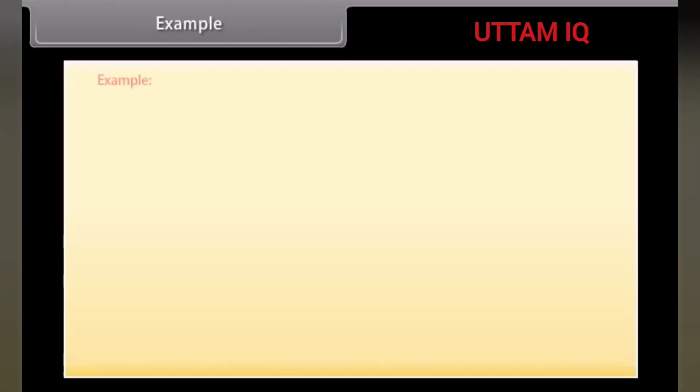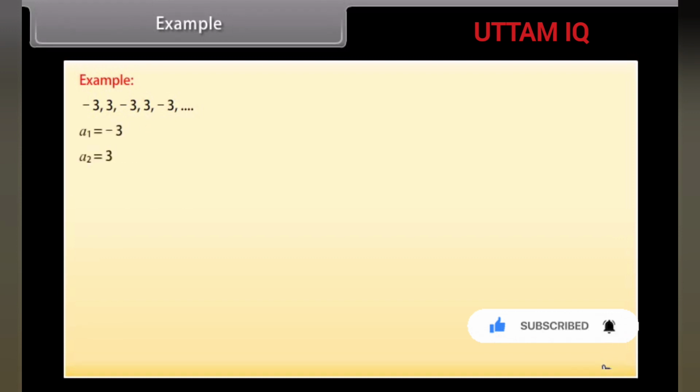Example. Let us now solve some examples. Observe this sequence. We will find out whether these numbers form an AP or not. Here A1 is -3, A2 is 3, A3 is -3, and so on.